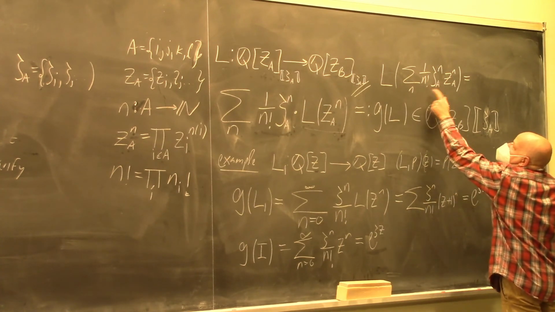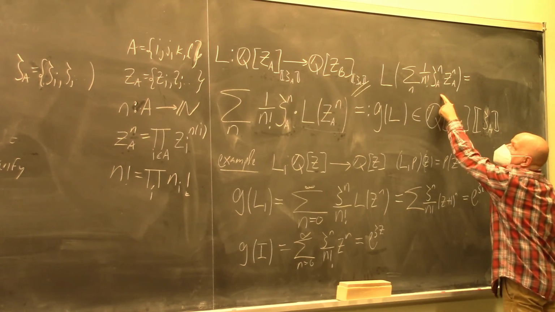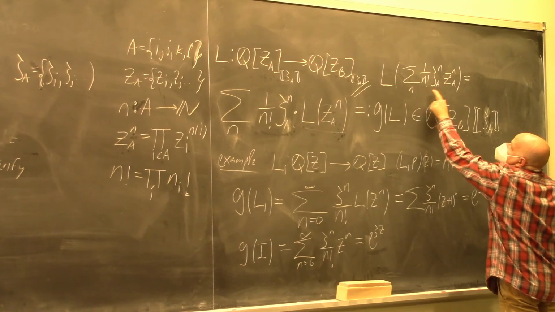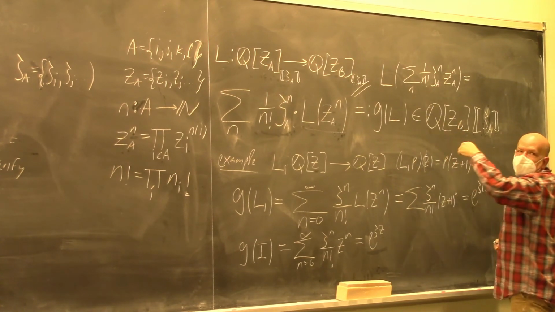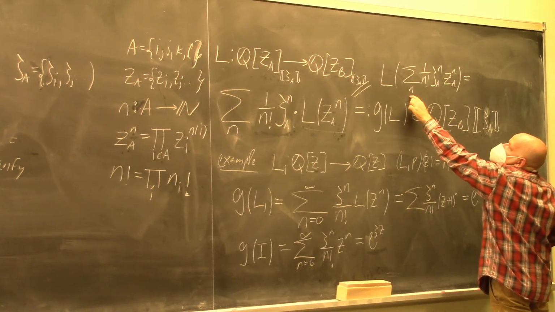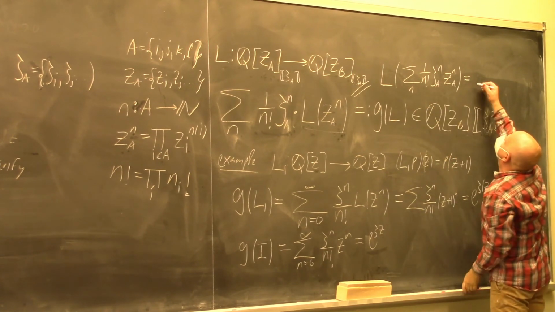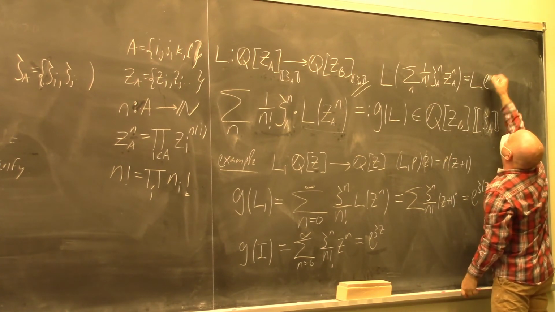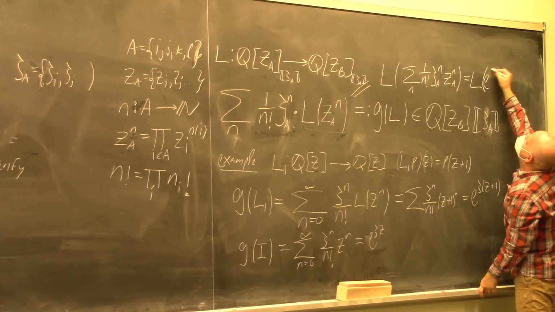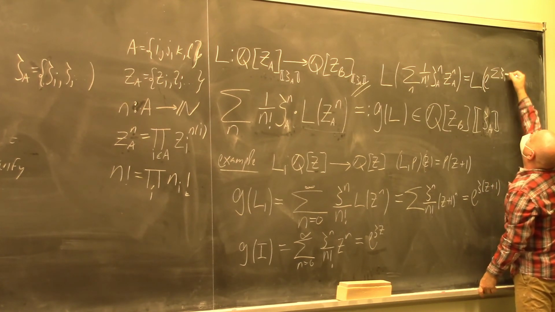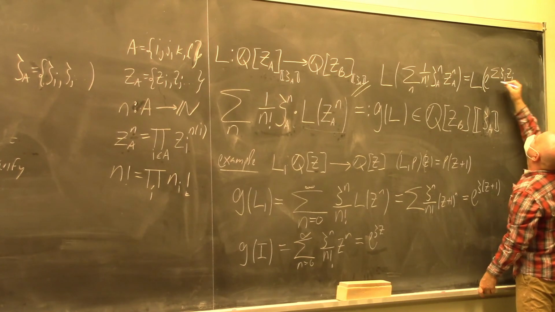But this is exactly the definition of the exponential function, except it's a multisum over multi-n. So this is really L of the exponential function of the sum of zeta_i z_i, where i runs inside A.